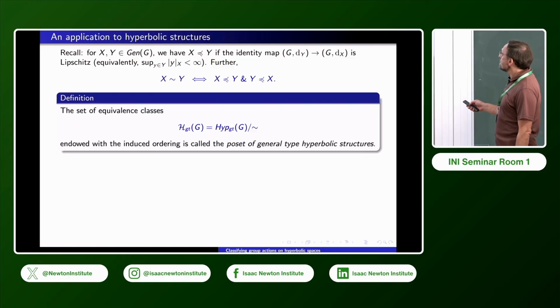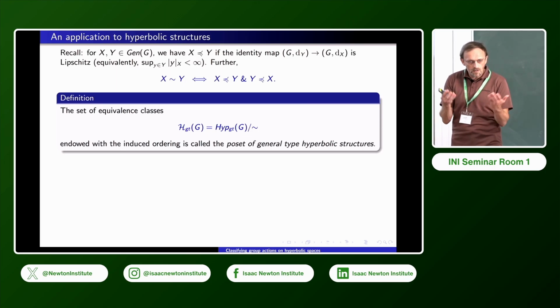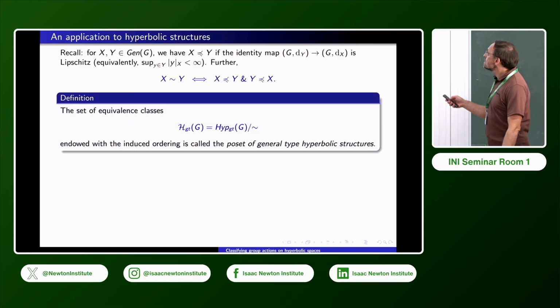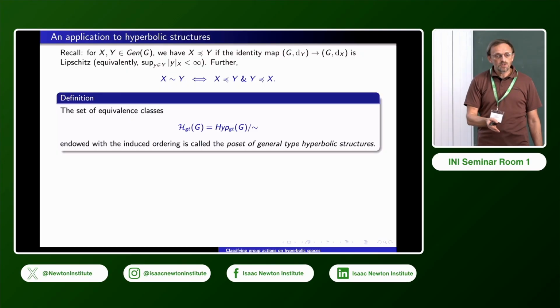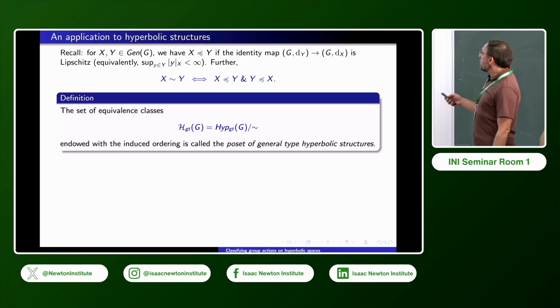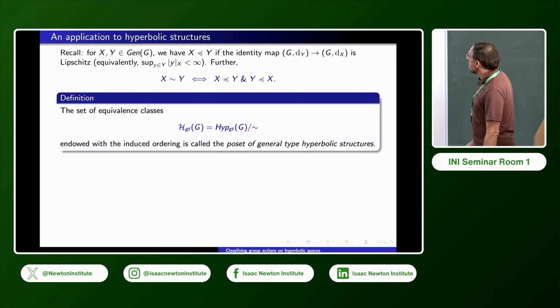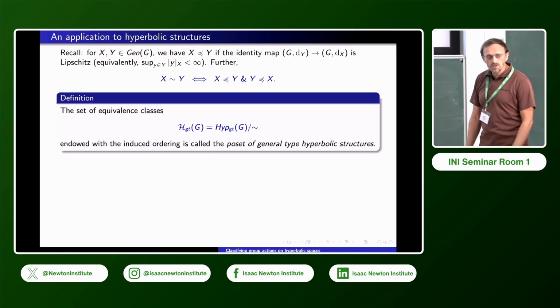Now, if you take all hyperbolic general type generating sets of G and mod out by the equivalence relation, you get a partially ordered set. So this is a quasi-order. When you mod out by the induced equivalence relation, you get a partial order. And this is called the poset of general type hyperbolic structures on the group G.